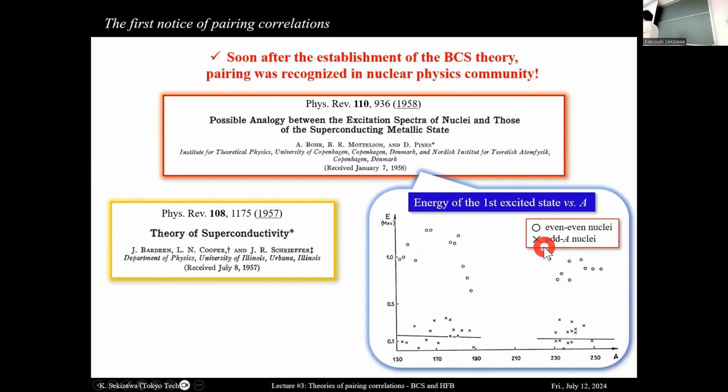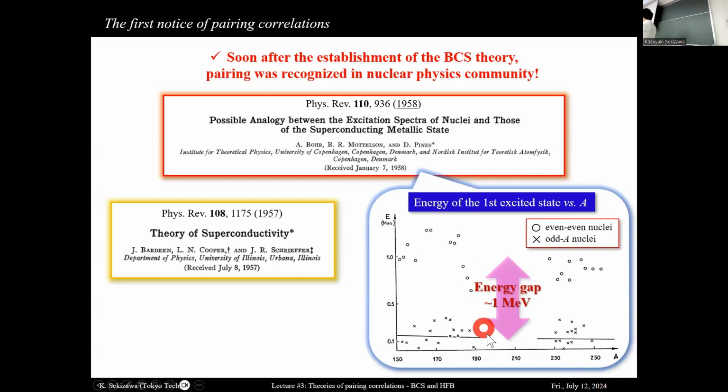Those crosses you can see here correspond to the odd mass nuclei, where the neutron number or proton number is odd. And those circles correspond to even nuclei. As you can see, there is a clear difference between odd mass nuclei and even nuclei.